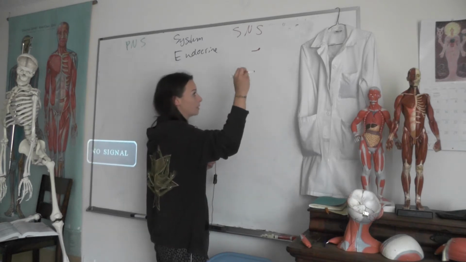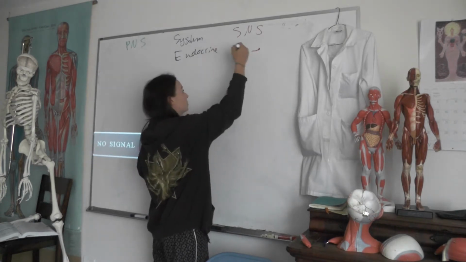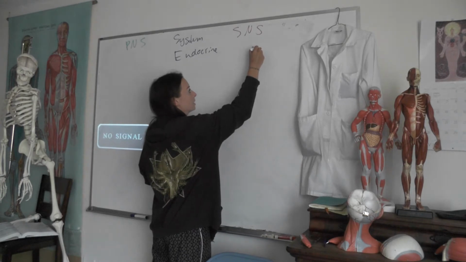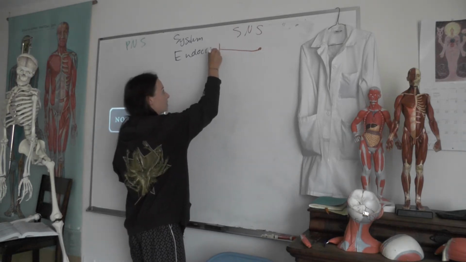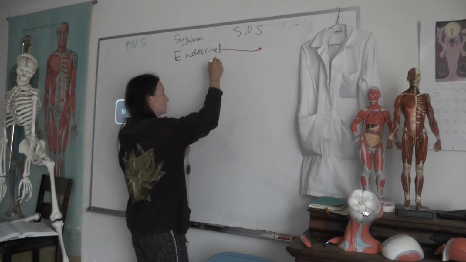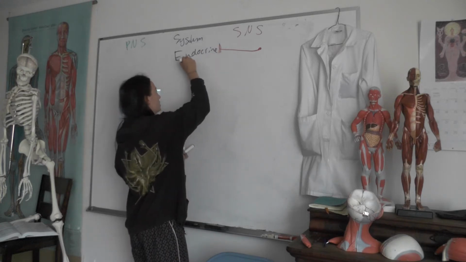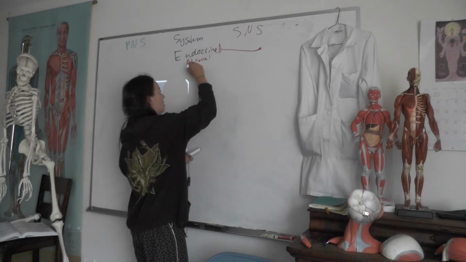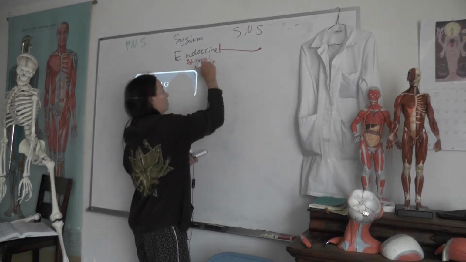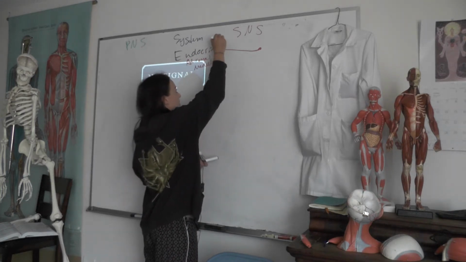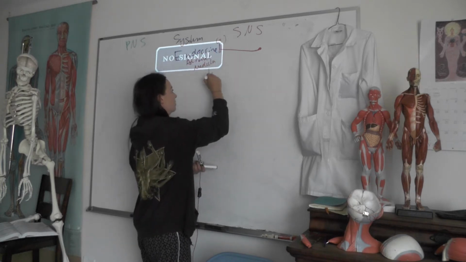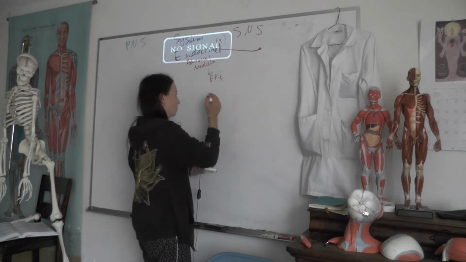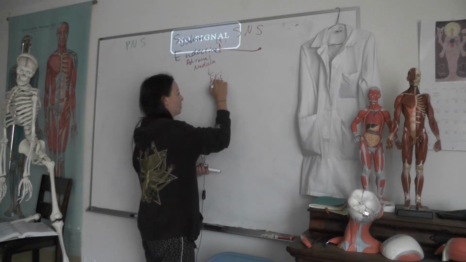Instead of having a pre and a postganglionic neuron at the adrenal medulla, your preganglionic neuron extends all the way away and synapses right on the adrenal medulla. So it's endocrine, the gland is the adrenal medulla, and when the sympathetic nervous system stimulates the adrenal medulla, it's going to release epinephrine as a hormone, and to a lesser degree some norepinephrine.